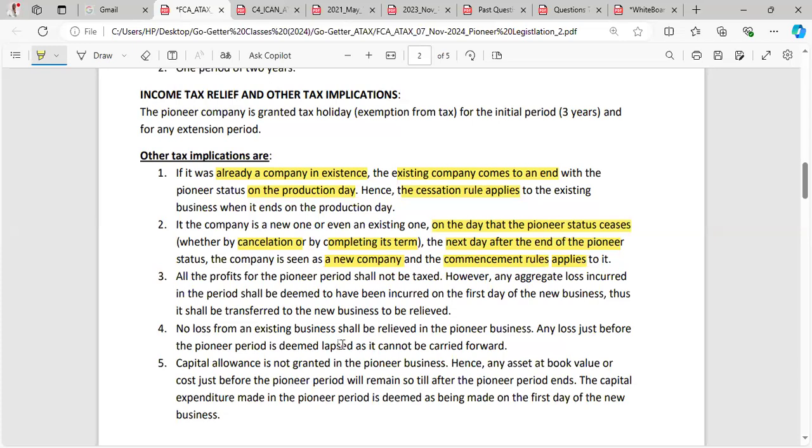Now, it is possible that they can combine both cessation of business and commencement of business in one question. The company was in existence and it started a pioneer company. Then maybe after the initial 3 years, it did not extend and it now wishes to still continue, but it is not in a pioneer status.